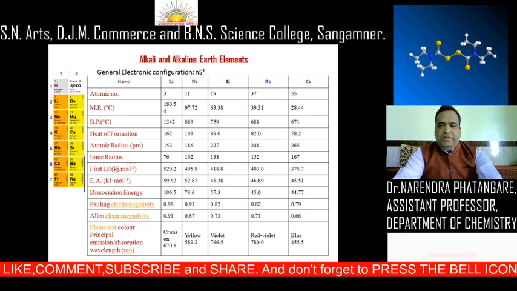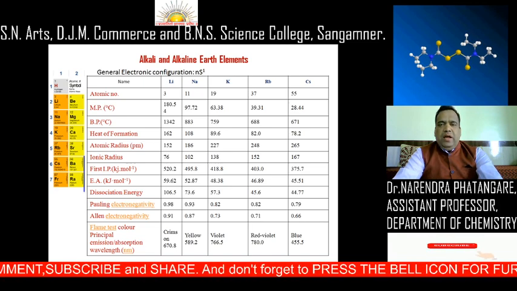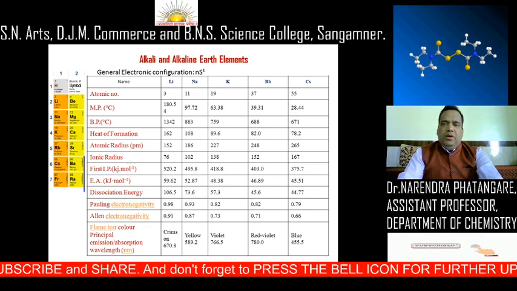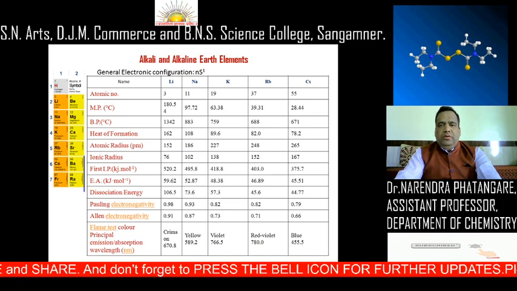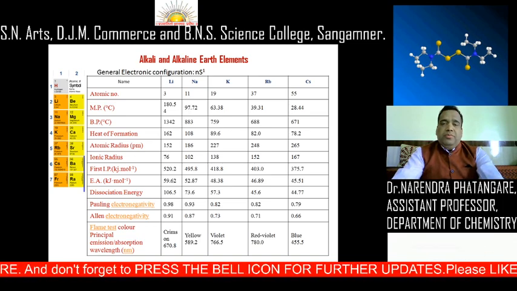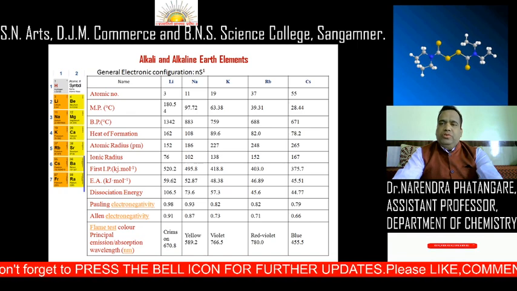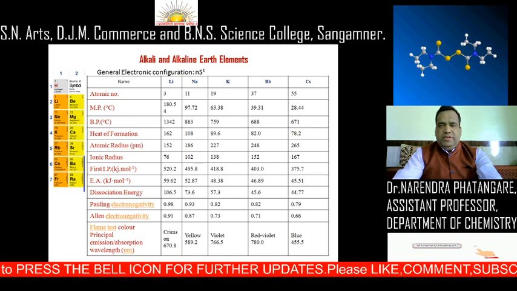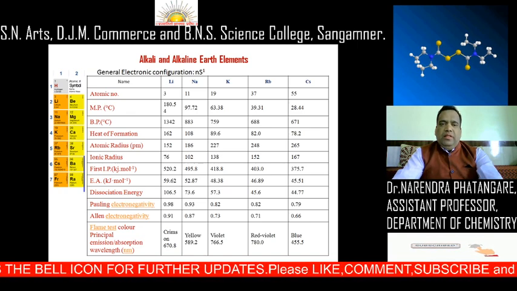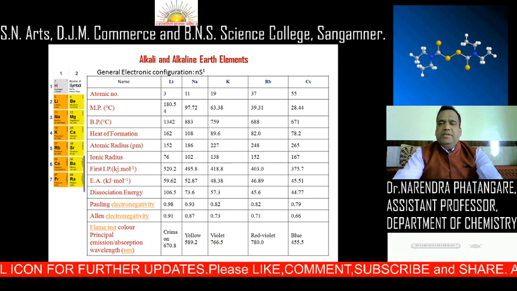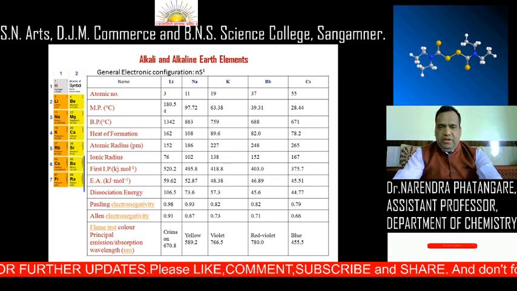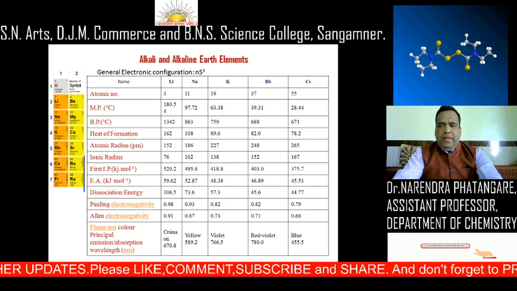Then atomic radius. As you know, as we go from upper to down, the atomic size from sodium to cesium increases sequentially. Therefore, its atomic radius also increases sequentially. Then ionic radius.